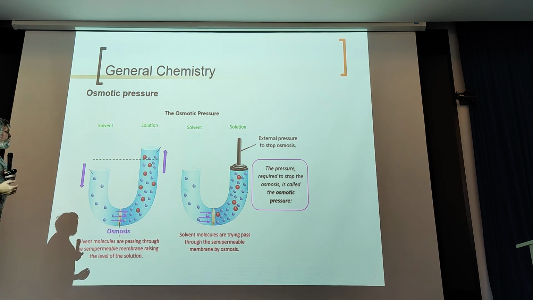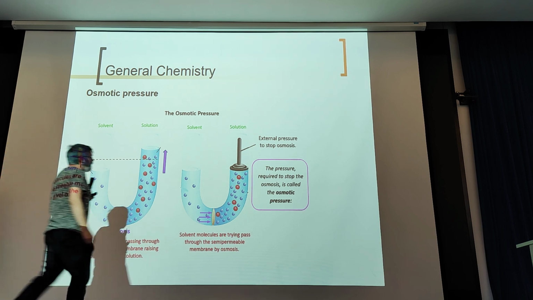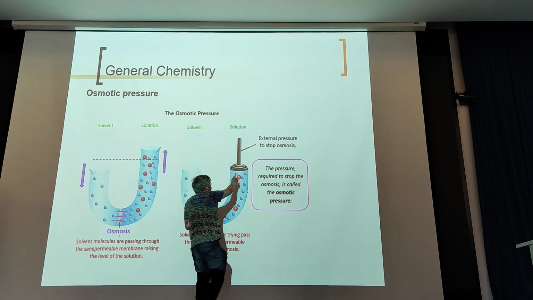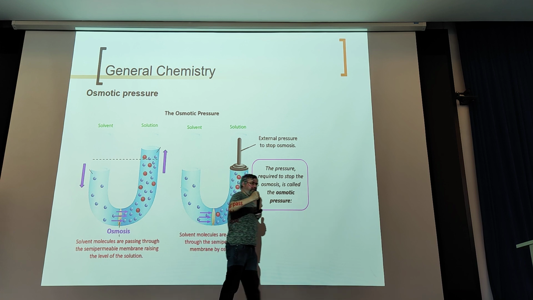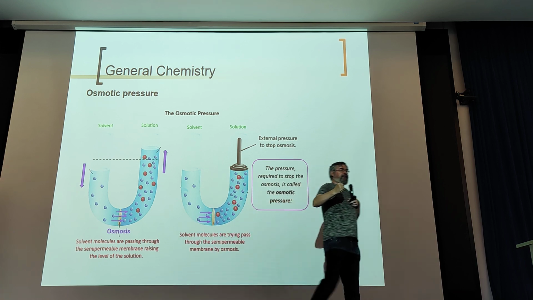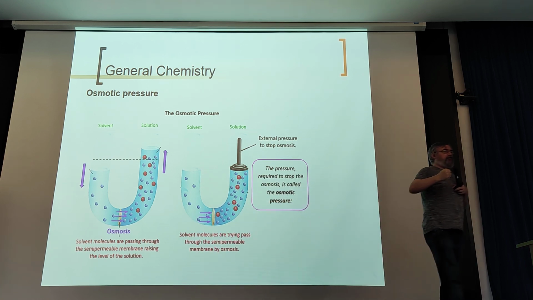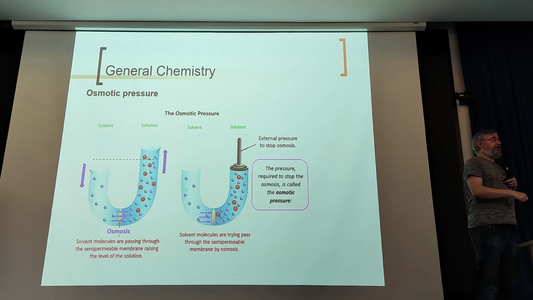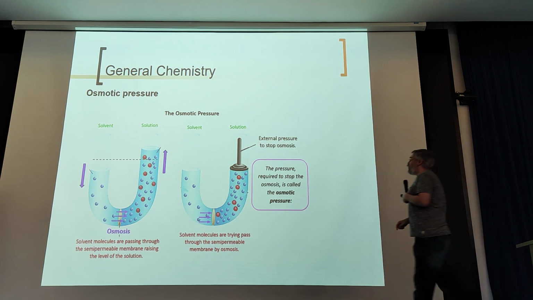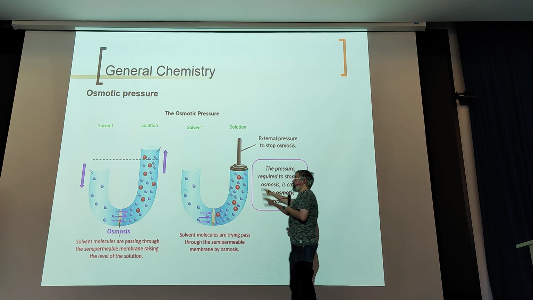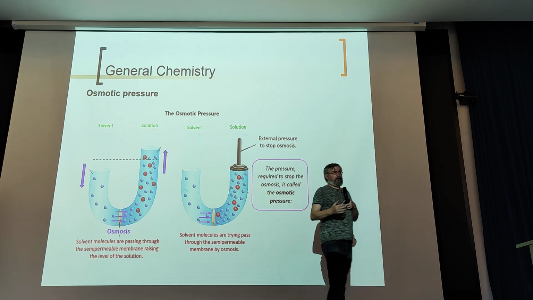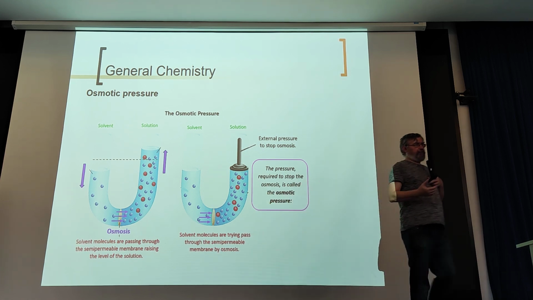Now, if you want to restore the original situation, you would have to put pressure on the right end. And then you push back the solvent through the membrane. And this pressure, this external pressure, is in fact the osmotic pressure.